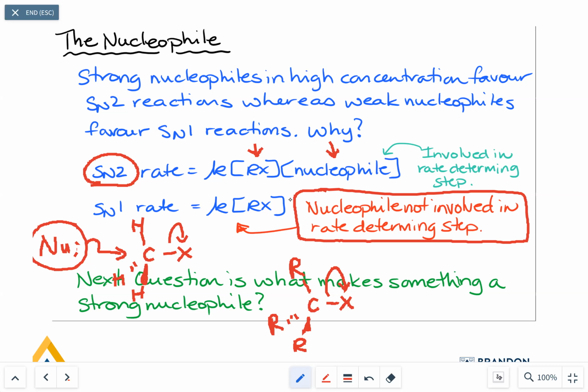So one way that you can promote an SN2 reaction over the possibility of an SN1 reaction is to make sure that you've got a good nucleophile in your reaction. And if you want to boost the concentration of it, that's only going to help. It's only going to increase the rate.